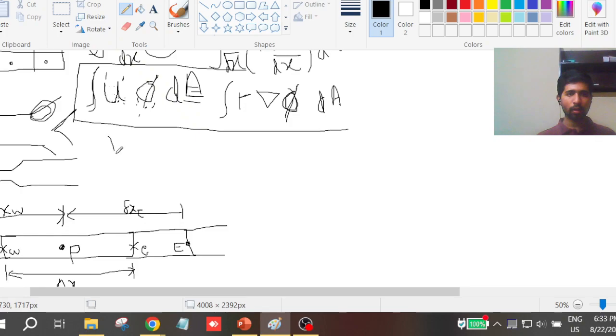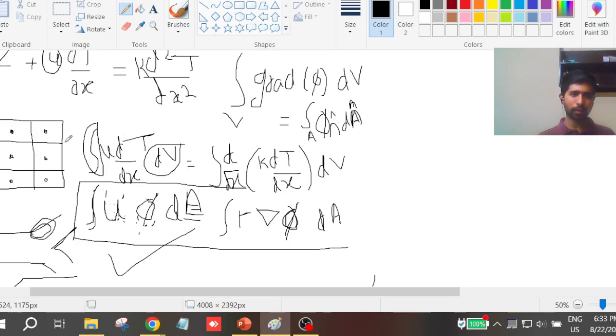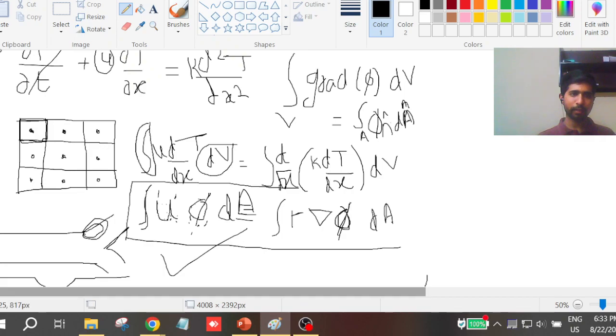This particular equation. Basically, for this control volume, this is u phi. Actually, I think rho cp will also come; I have just skipped it here. So it will be rho cp into u into phi.